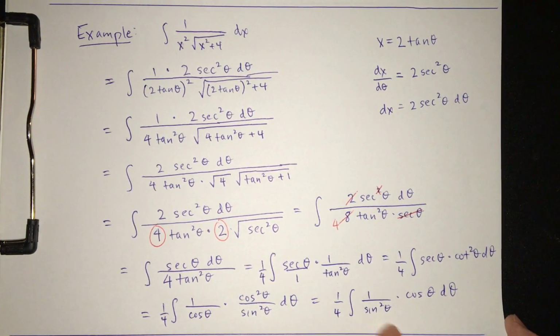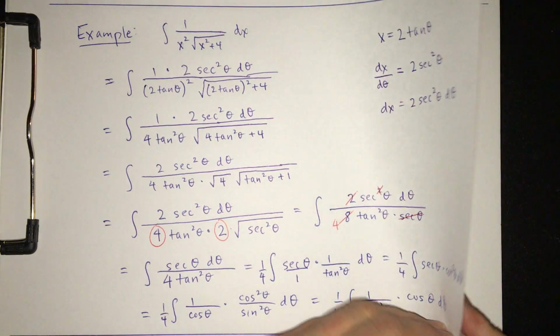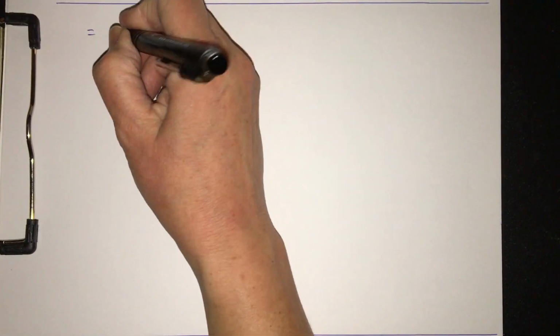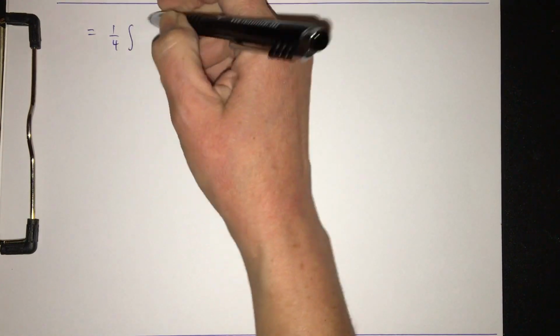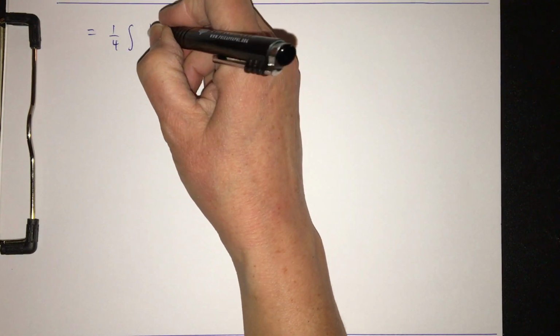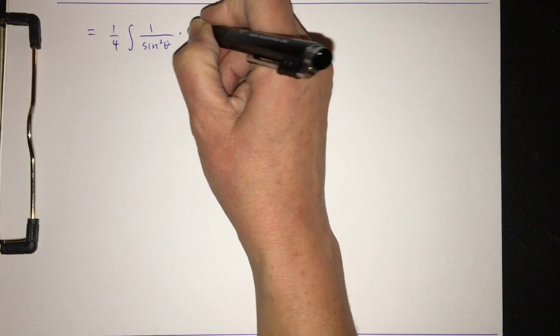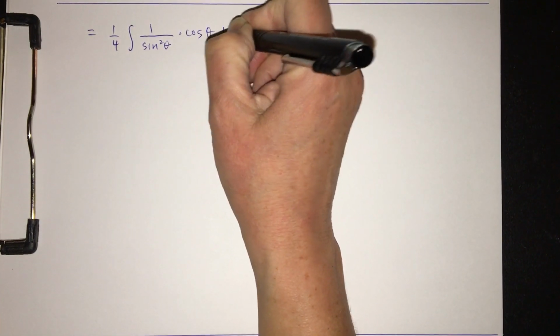And I'm going to rewrite that at the top of the next page. So at this point we have 1/4 times the integral of 1 over sine squared theta times cosine theta d theta.